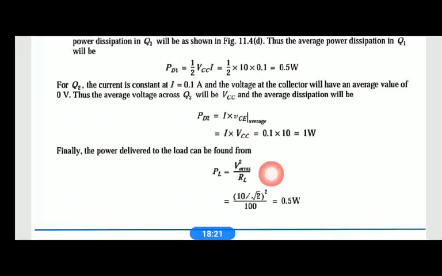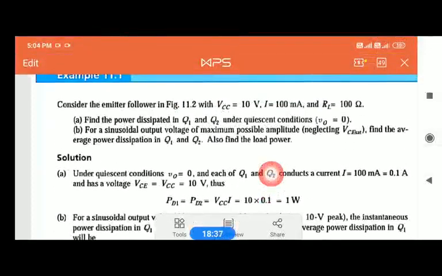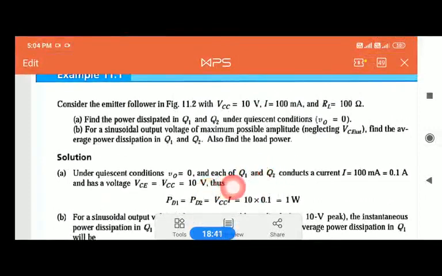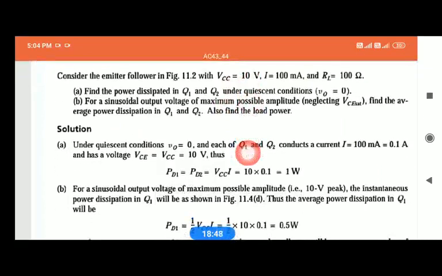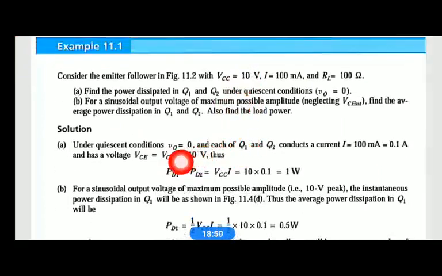We know that power is equal to V square by R. Before squaring the output voltage we take it in its RMS value. The output voltage given here is 10 volt, which is VCC, so that is the maximum output voltage we'll get.